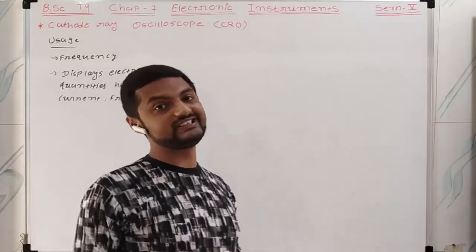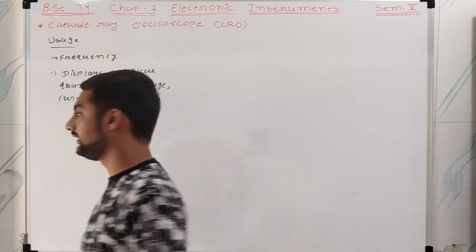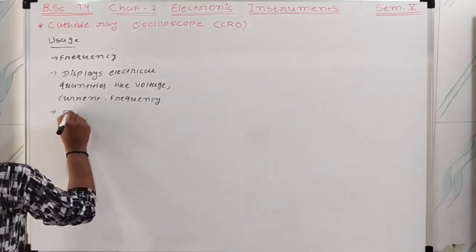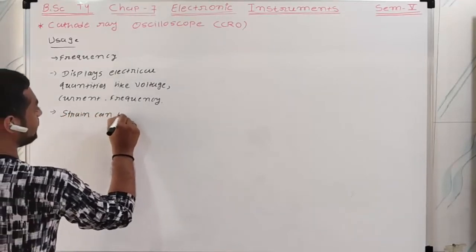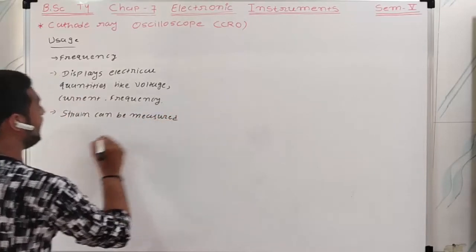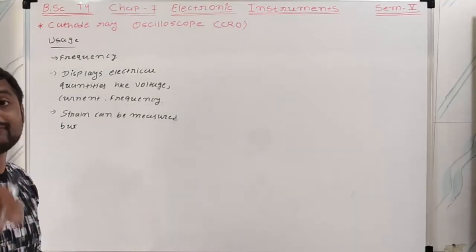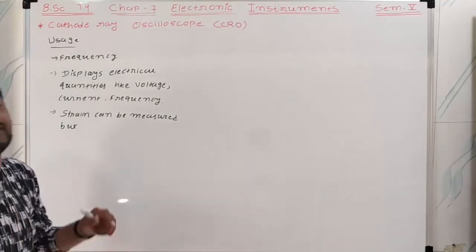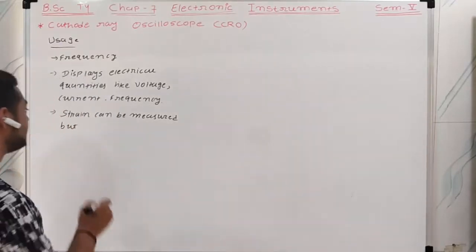If you want to measure the strain, then also you can measure the strain. So strain can be measured, but we need some transducers that can convert this strain into electrical signals, right?